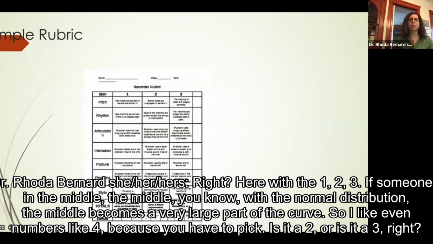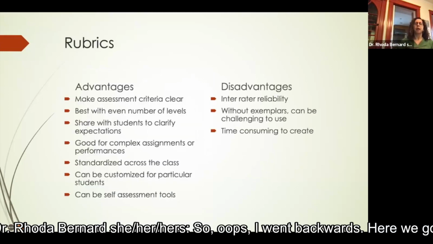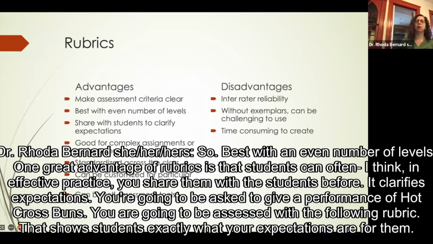Here with the 1, 2, 3, if someone's in the middle, with the normal distribution, the middle becomes a very large part of the curve. So I like even numbers like 4 because you have to pick, is it a 2 or is it a 3, right? So best with an even number of levels.